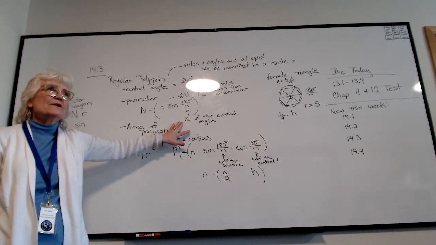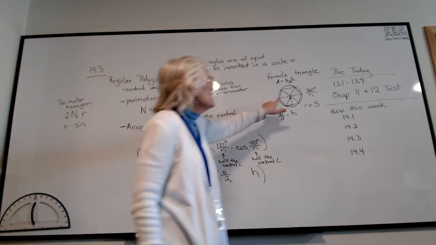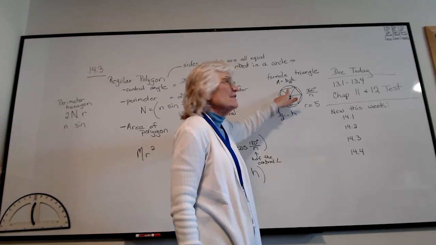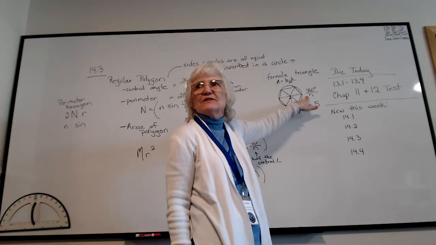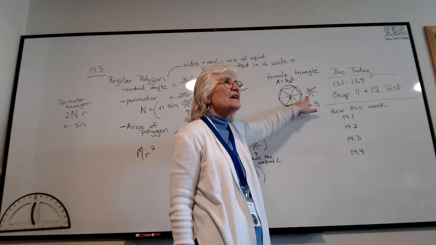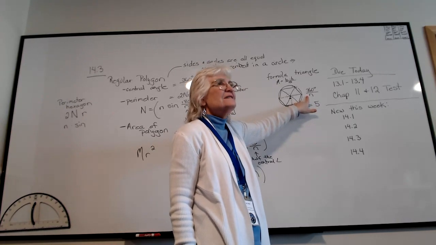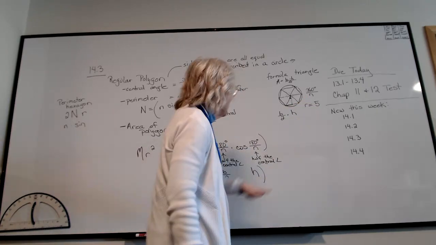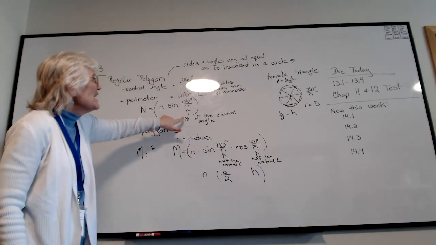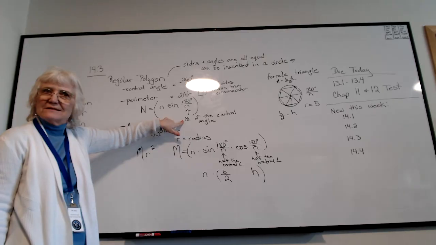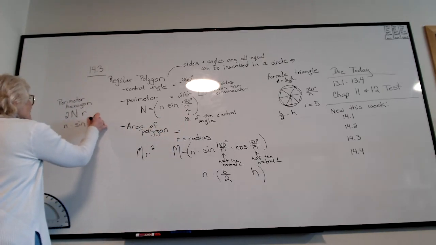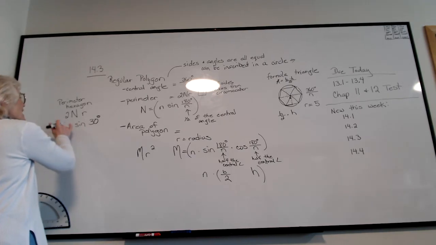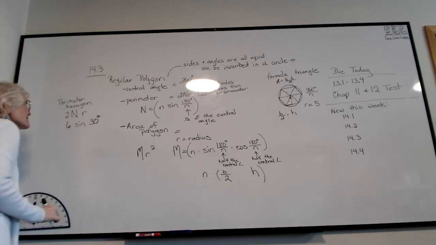Does everybody agree with that? If you look at this, there are 6 triangles, so 360 divided by 6 is 60 degrees. Each of the center angles is 60 degrees, and we are using half of that. So we take the sine of 30 degrees and multiply it by 6.